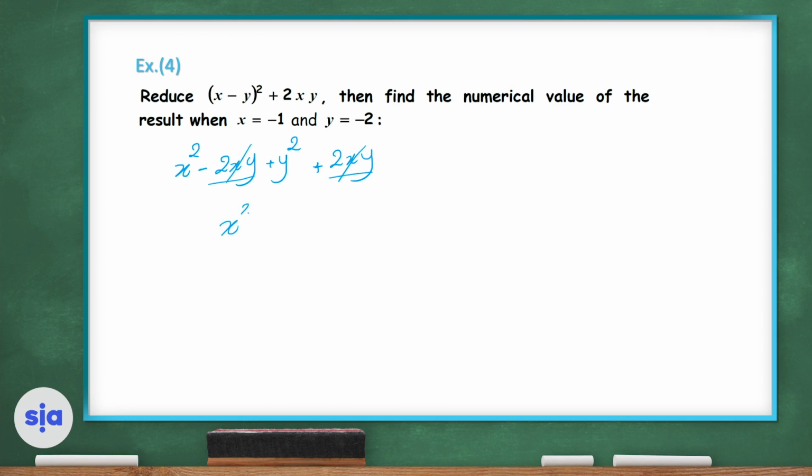So it's x squared plus y squared. Now let's substitute x by negative 1 and y by negative 2. Please don't forget, whenever we substitute a value in x and y, we put its value between brackets. So (-1) all squared is 1 plus (-2) all squared is 4. The result is 5.